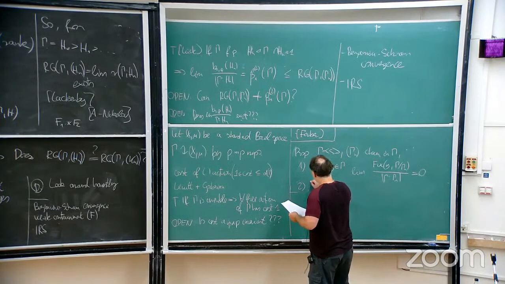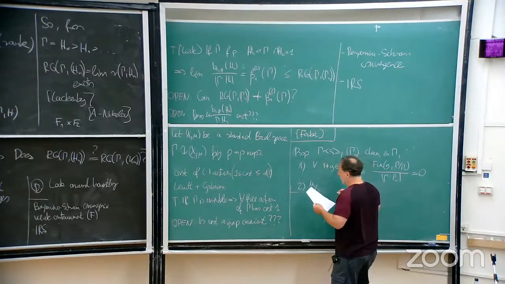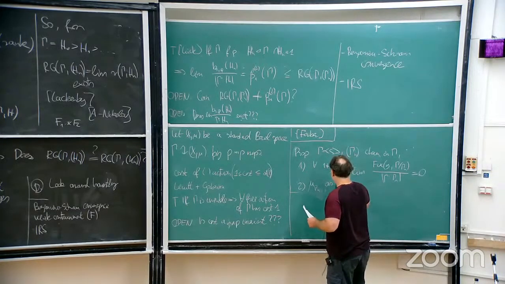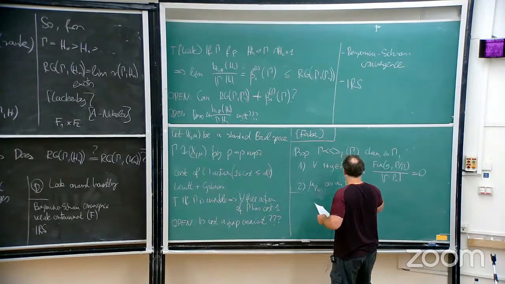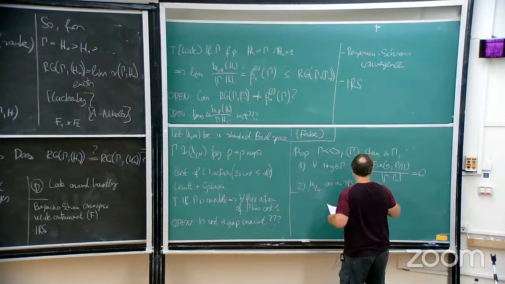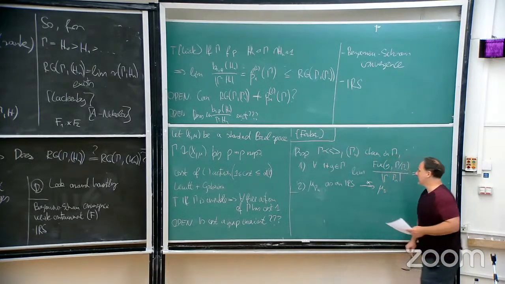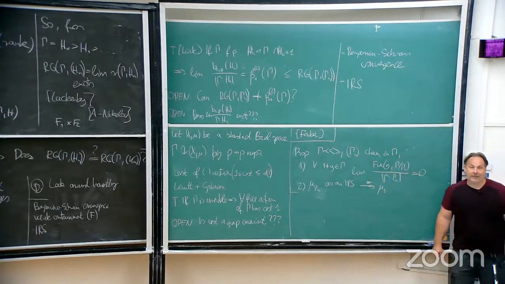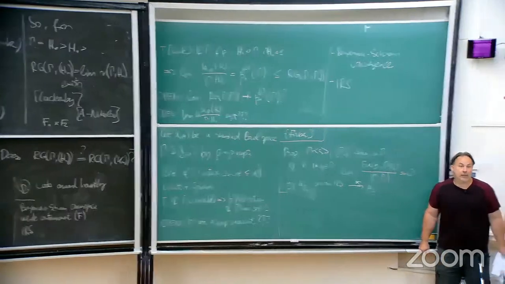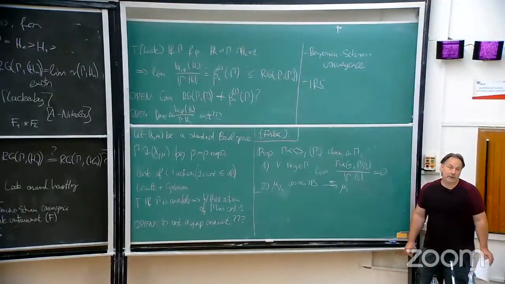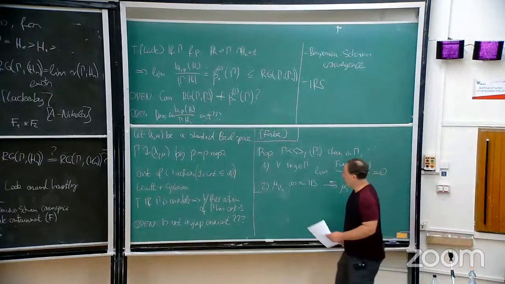The second is that the invariant random subgroup defined by gamma n, as an IRS, weakly converges to the trivial IRS. So this is about invariant random subgroups, and it's just weak convergence of invariant random subgroups to the trivial invariant random subgroup.